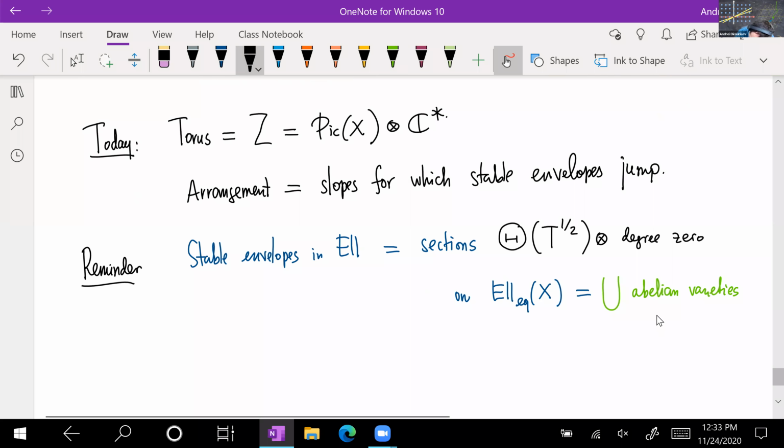Each of the edges of the abelian variety is of the form T modulo Q to the cocharacter.